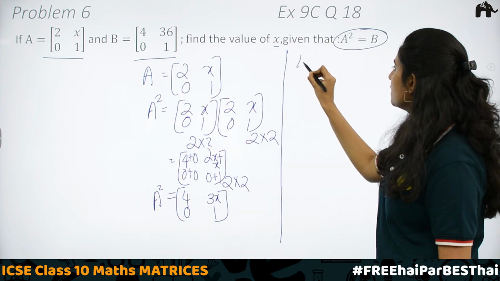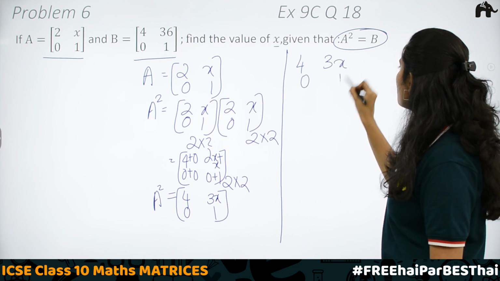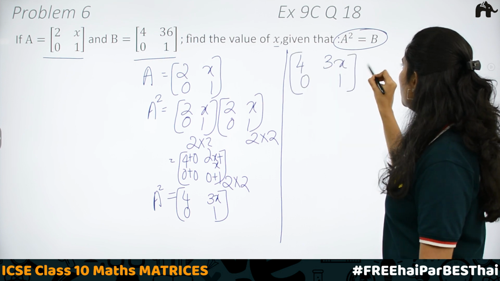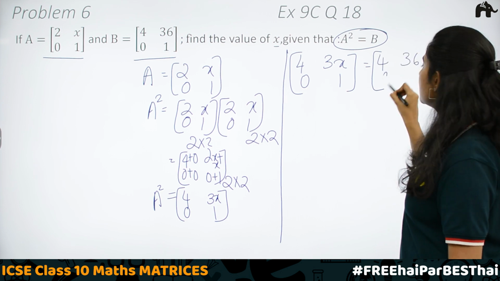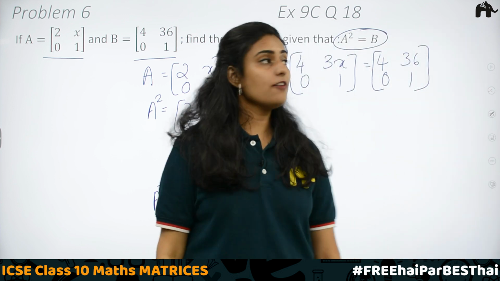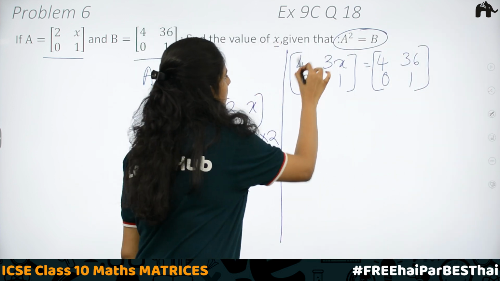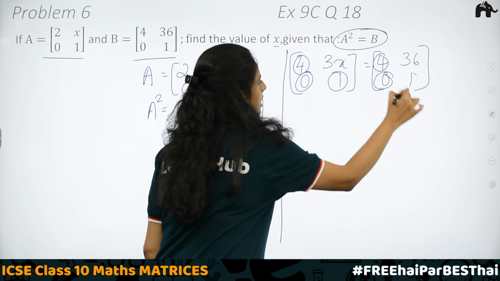A square is 4, 3x, 0, 1. That is equal to 4, 36, 0, 1. From this we can find the value of x. Here all these elements are equal: 4, 4, 0, 0, 1, 1.